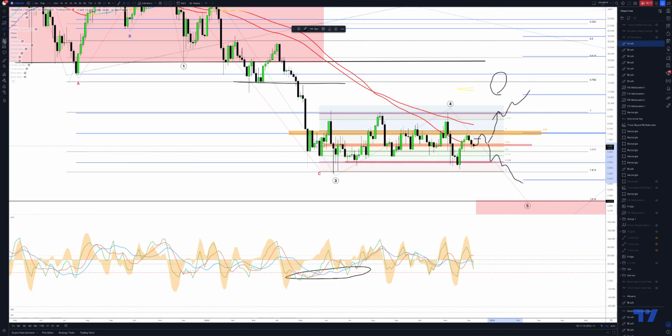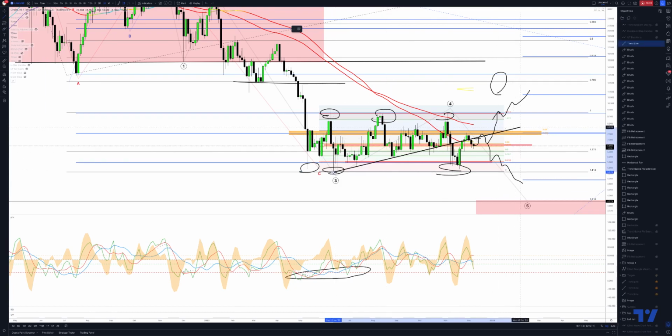Let's try to count how many things we got here. I'm going to count the pivot points. And we can see this trend line was acting as support, and it doesn't look like a bear flag at the moment.